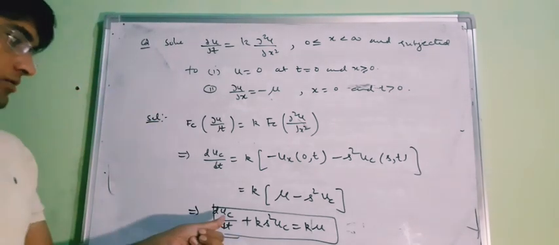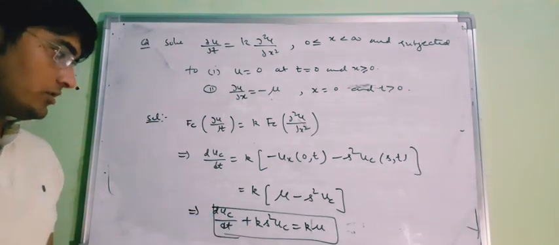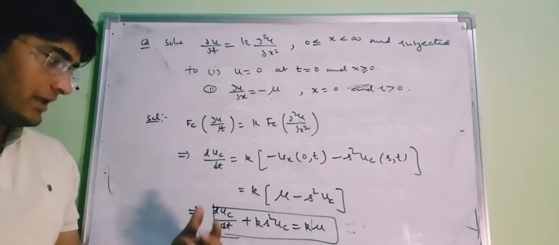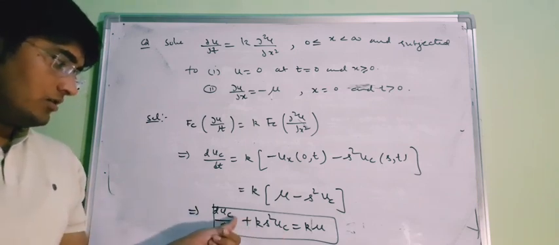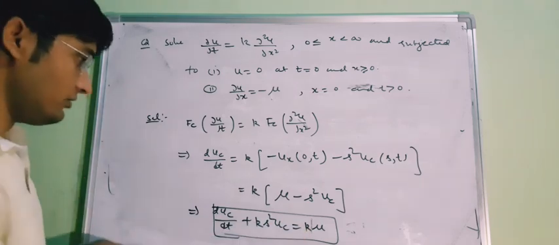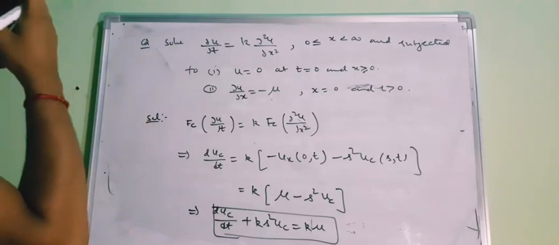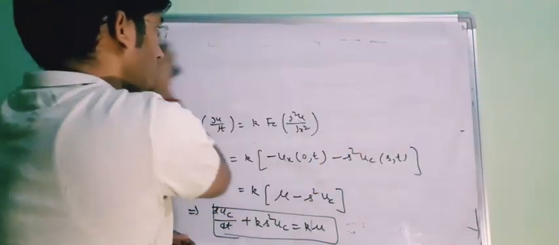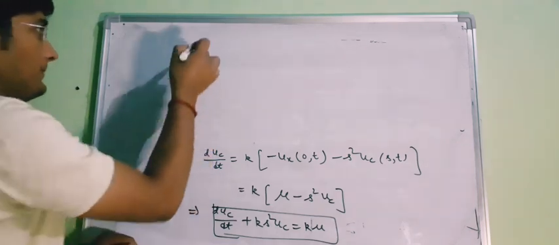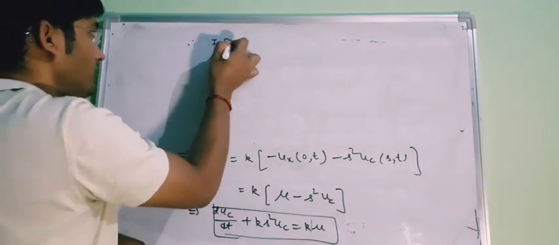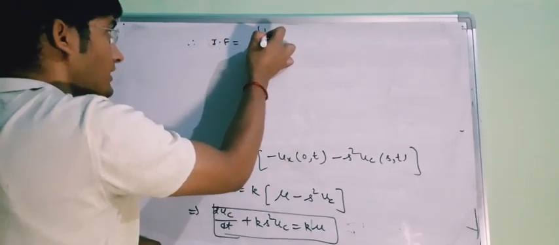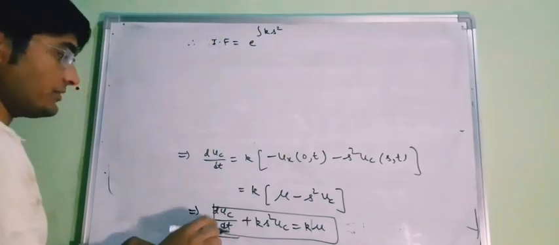This is a linear differential equation of first order, dy by dx plus some function of s into y equal to some constant. Now the solution of this differential equation: the integrating factor will be e to the power k s square, integrated with respect to t.